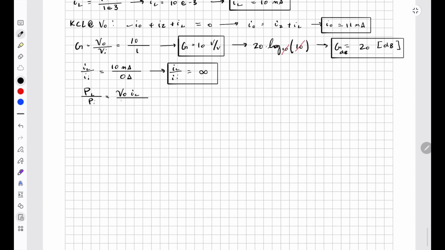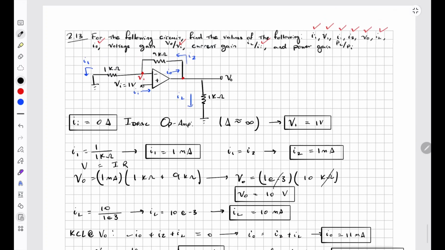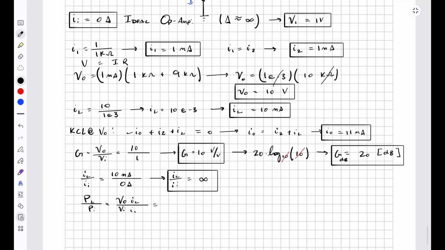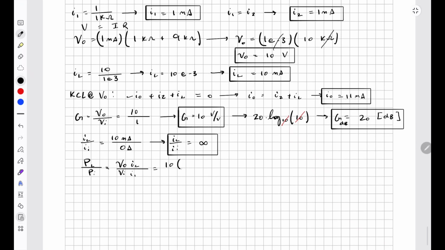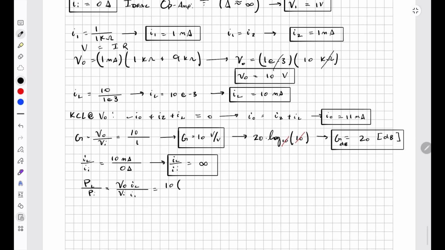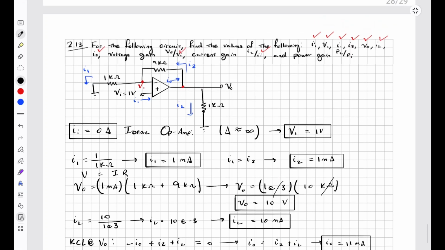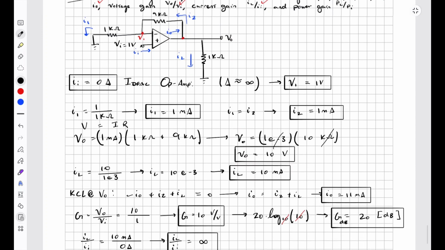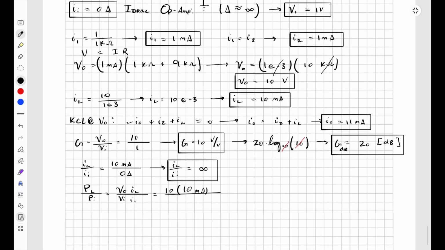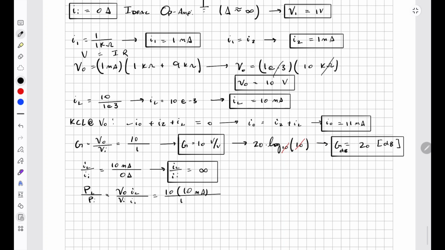Yeah, so it is V in times I in. The numerator is V out, which is 10, multiplied by IL, which is 10 milliamps, and then the denominator is V in, which is 1 volt, that was given, and then I in is 0.